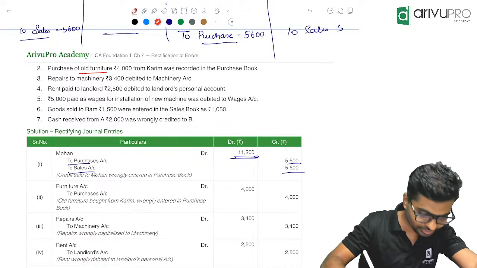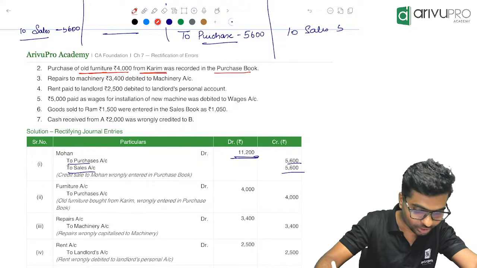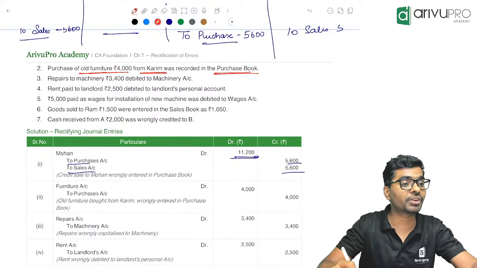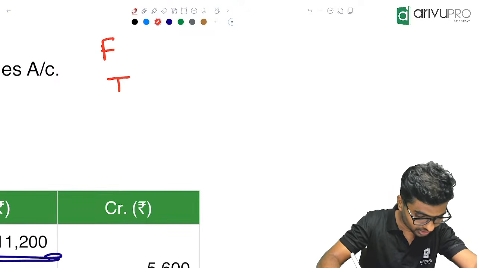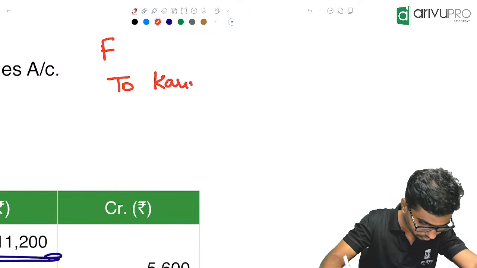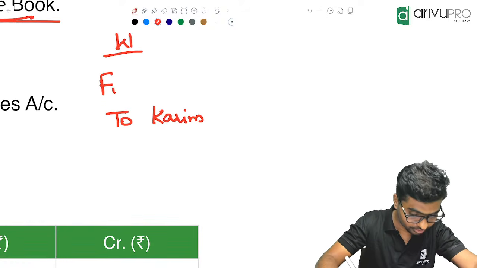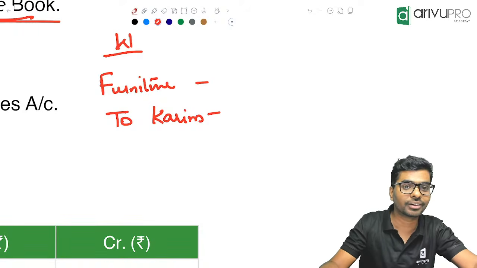Purchase of old furniture from Karim was recorded in the purchase book. What is the journal entry? Furniture to, write down the wrong entry. Wrong entry or correct entry?